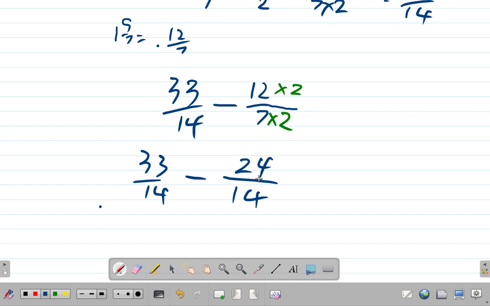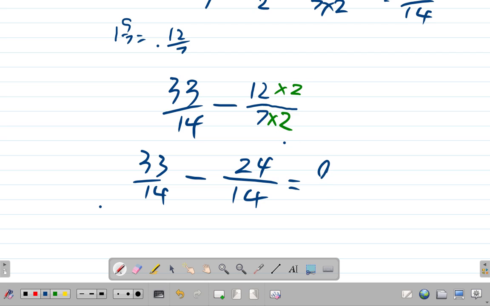Alright. So now, you see how the problem is solved here. You have 33 14ths minus 24 14ths. How much 14ths does that give you? How much? 9, of course.